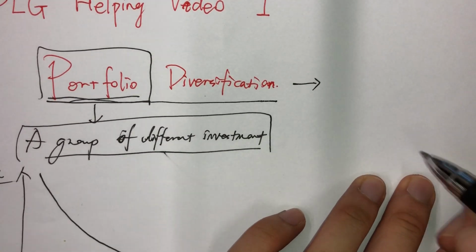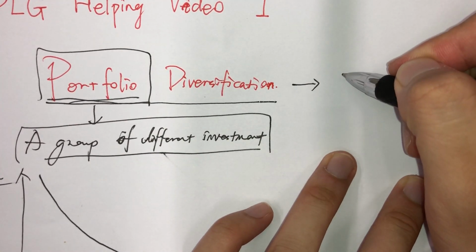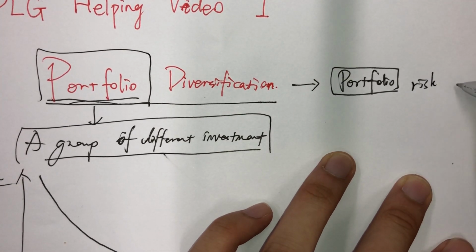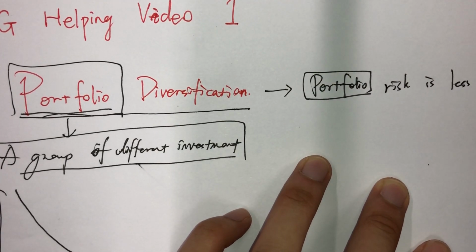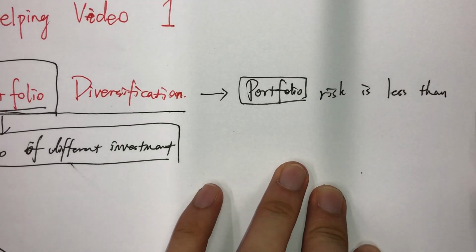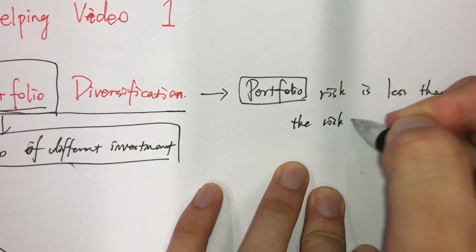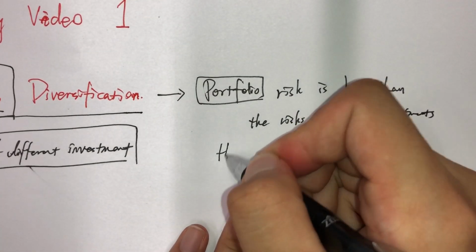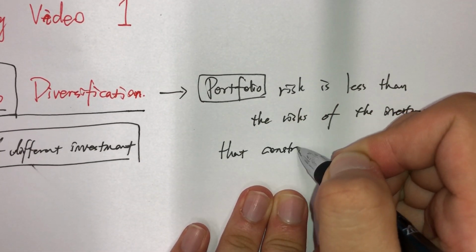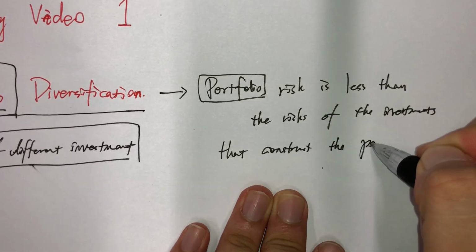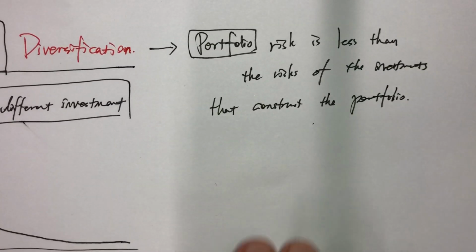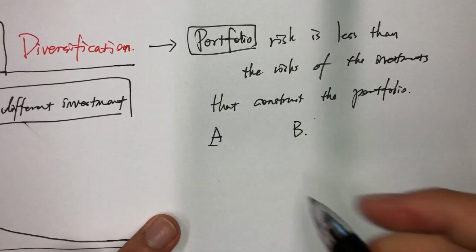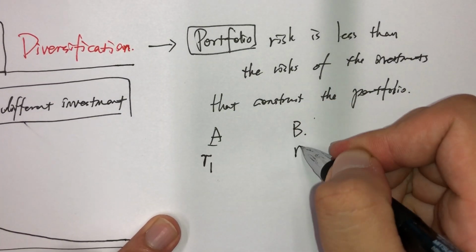And this is the result of having a portfolio whose risk is less than the risks of the investments that construct the portfolio. So for example, if I have two assets, asset A and asset B, and A's expected return we denote as R1 and B's as R2.